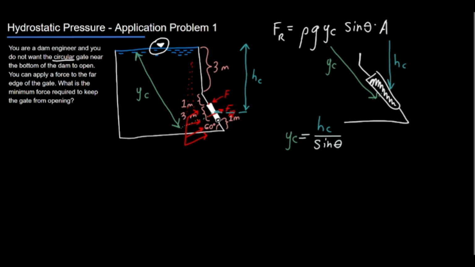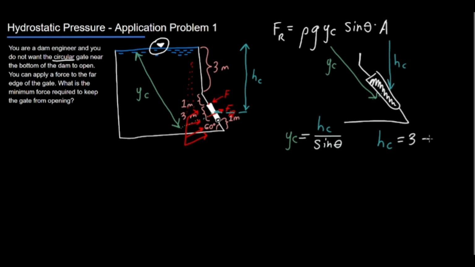And so h of c, the calculation goes something like this. It'll be 3. Well, sorry, let me just try and keep the colors straight because this is going to become a very cluttered page very quickly. So this will help decipher what is going on. So it'll be 3. We get that 3 from right over here. And then it's 1 meter plus another 1.5 meters because the diameter is 3 meters of the gate at 60 degrees.